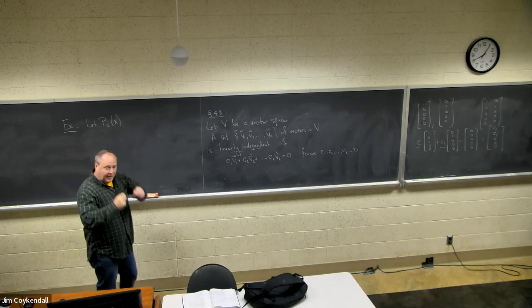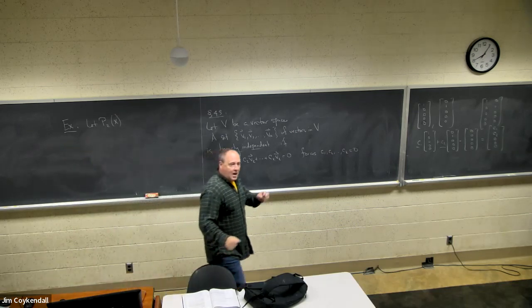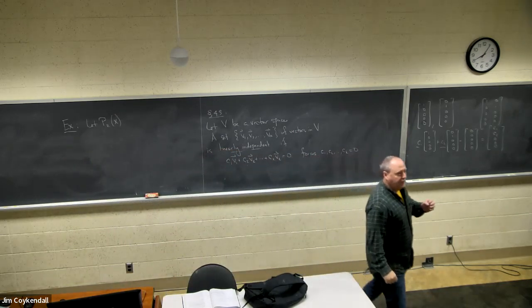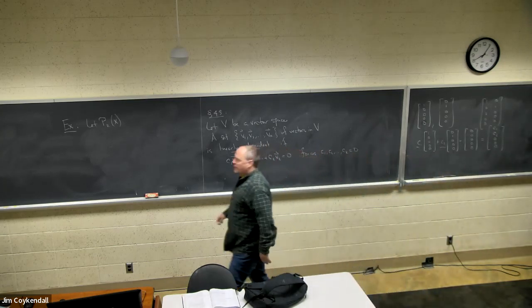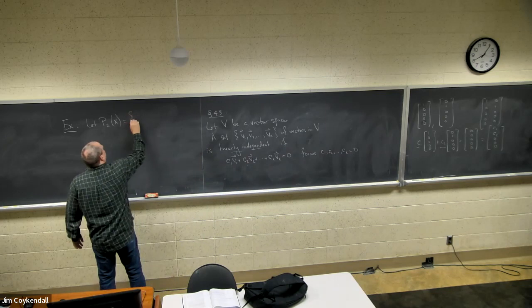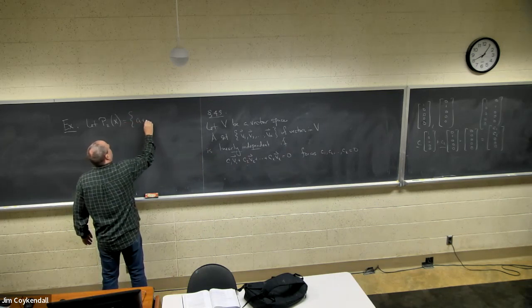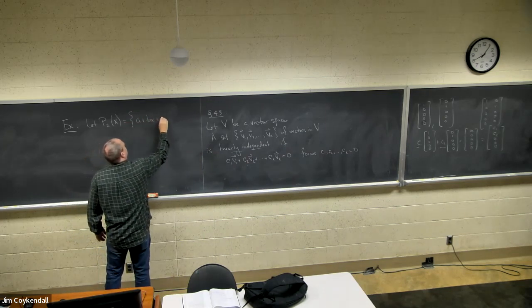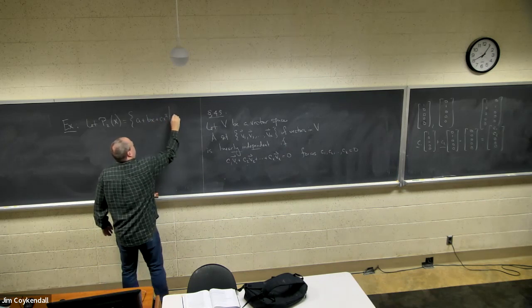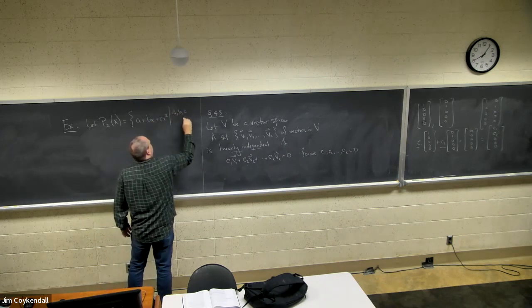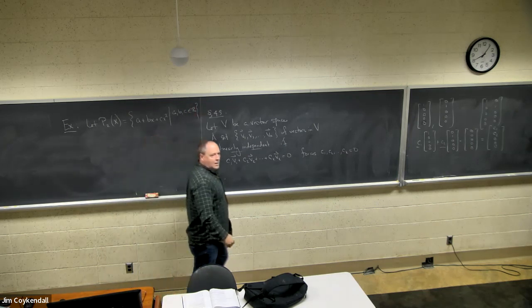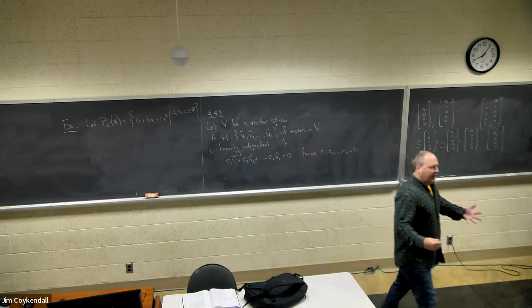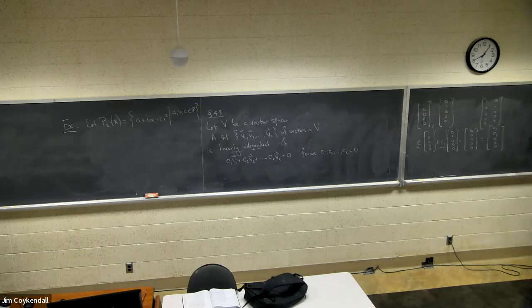You remember how we talked about this as a vector space? These are all polynomials of degree 2 and smaller, so this is the set of all polynomials that look like this. What happens if you add two polynomials of degree 2 and smaller?